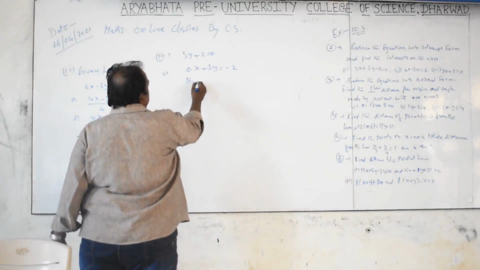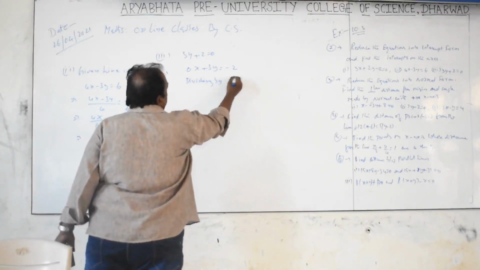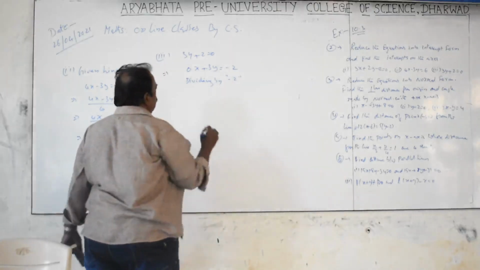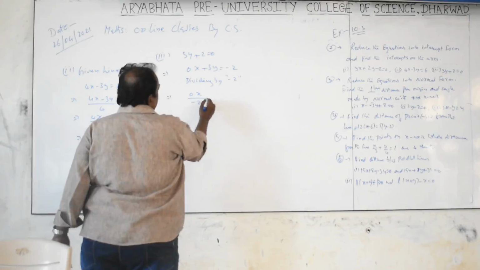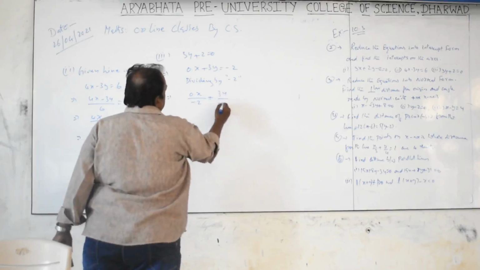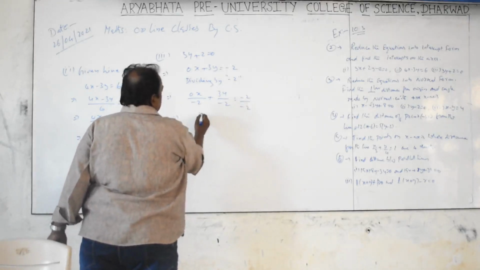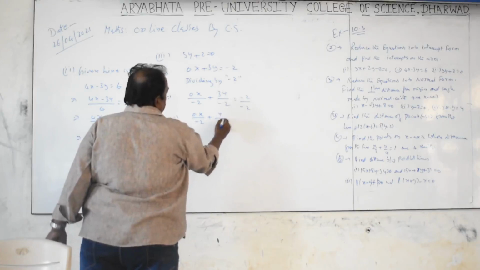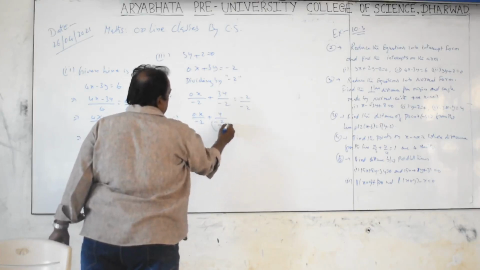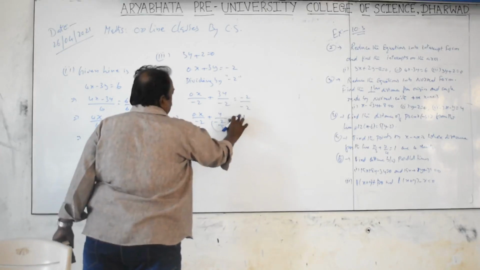So we have to divide by minus 2 only. That is 0x by minus 2 plus 3y by minus 2 is minus 2 by minus 2. It is 0x by minus 2 plus y by minus 2 by 3 is equal to 1.